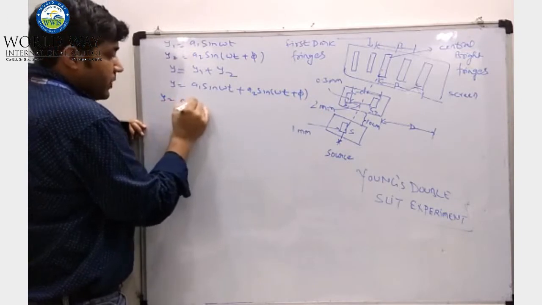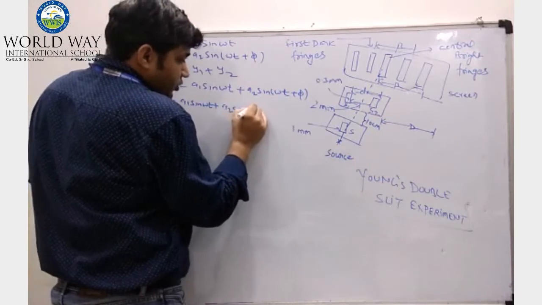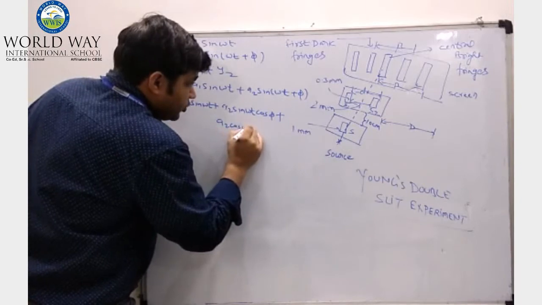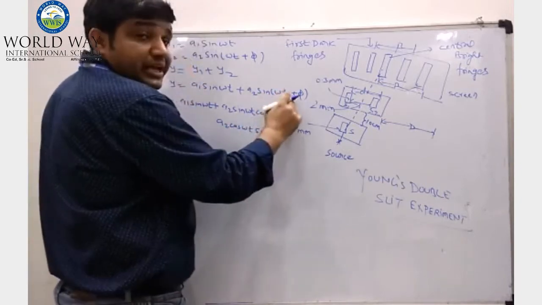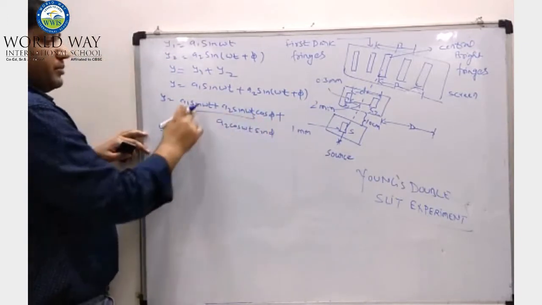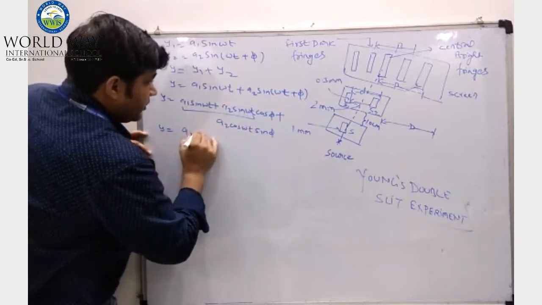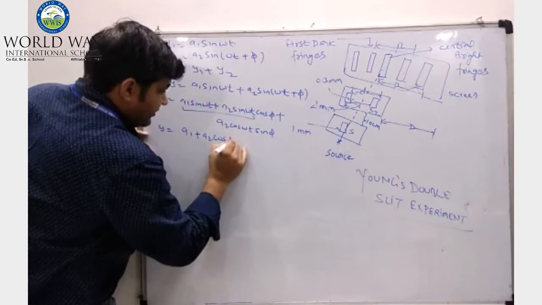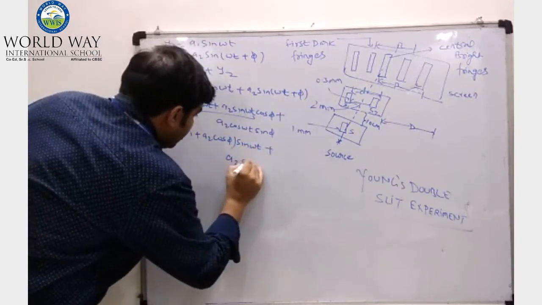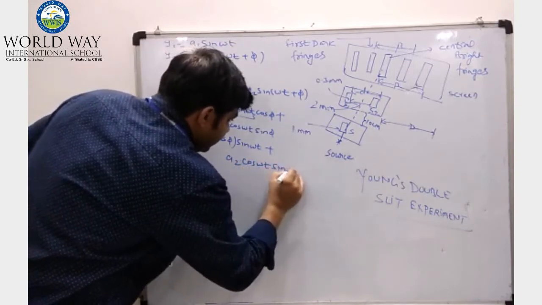Then y equals a1 sin omega t plus a2 sin omega t cos phi plus a2 cos omega t sin phi, using sin(a plus b) equals sin a cos b plus cos a sin b. In these terms we take sin omega t common: (a1 plus a2 cos phi) sin omega t plus a2 cos omega t sin phi.